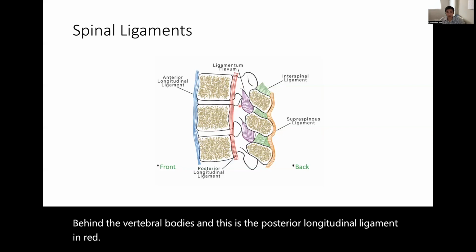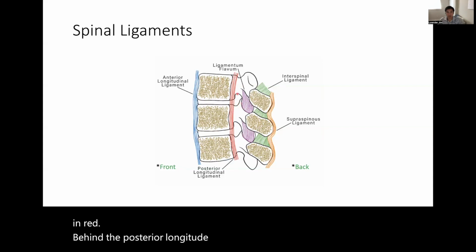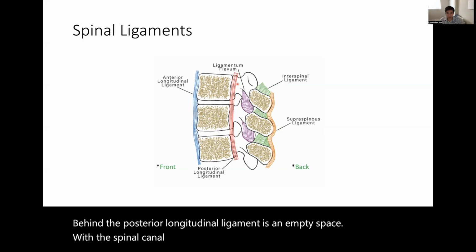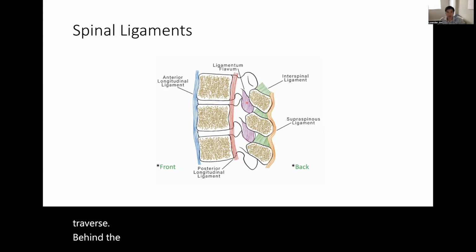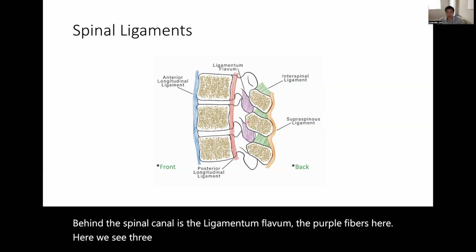Behind the posterior longitudinal ligament is an empty space with the spinal canal, where in real life, the spinal cord and spinal nerves traverse. Behind the spinal canal is the ligamentum flavum, the purple fibers here. Here we see 3 spinous processes in cross-section.